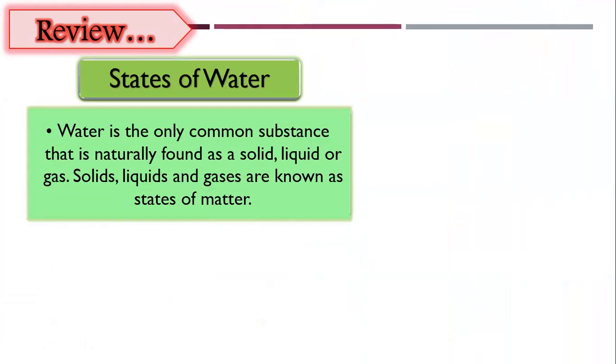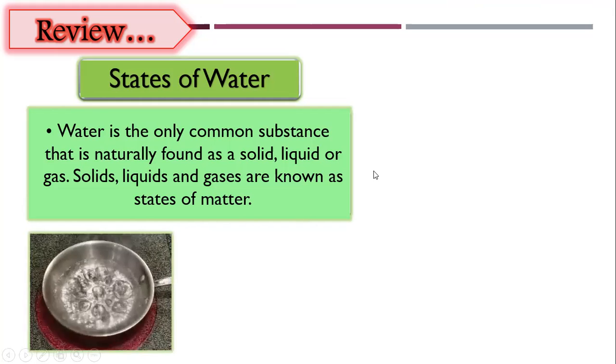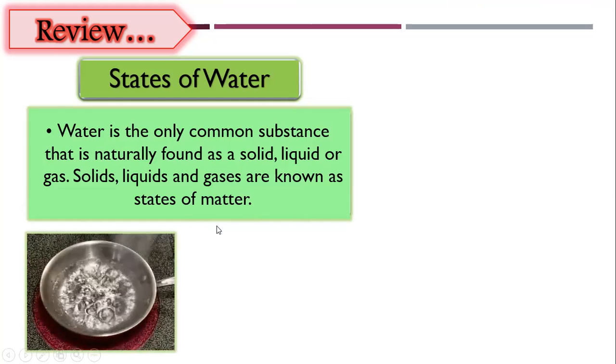So, what are the 3 states of water? Water has 3 states: solid, liquid, and gas, all of which occur naturally on earth. Most of the time we find water in its liquid state, the wet and fluid form of water that we are most familiar with.